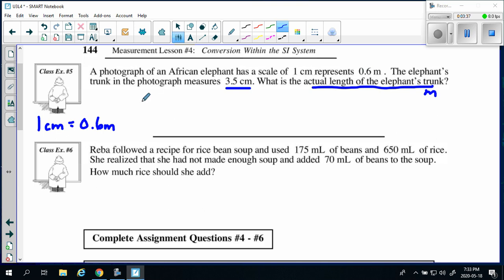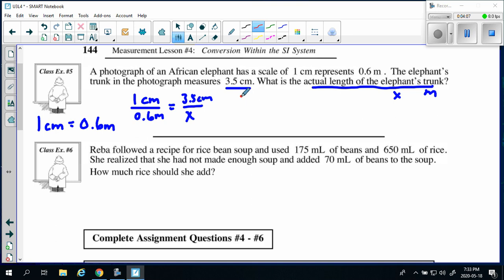We have some options of how we want to set this up. We could set it up like this: here's our proportion on this side, and the unknown is x meters in the bottom, with 3.5 centimeters in the top. However, that's going to be a little bit ugly because x is in the bottom. It's not wrong, you can do it that way, but my preference would be to flip it.